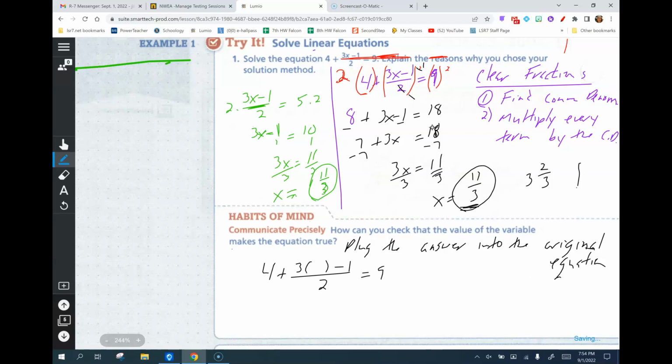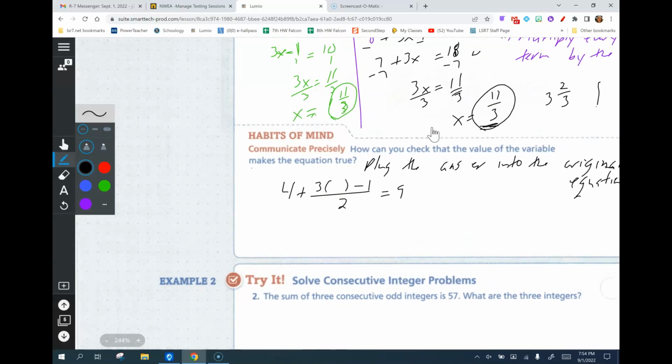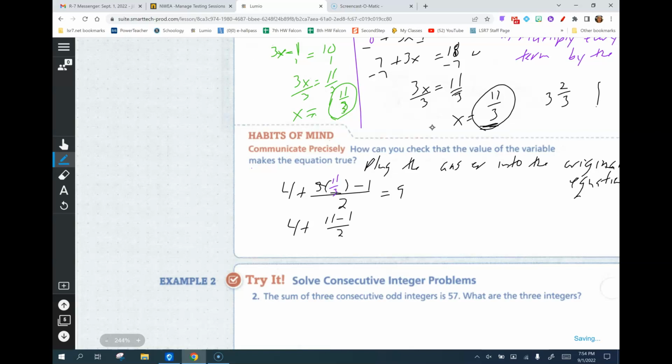Now I'm going to plug in my 11/3 right here. Okay, so then I get 4 plus, well, my 3's dropped, so I have 11 minus 1 all over 2. And I'm just going to work on this side because my whole point is I want this side to equal this side.